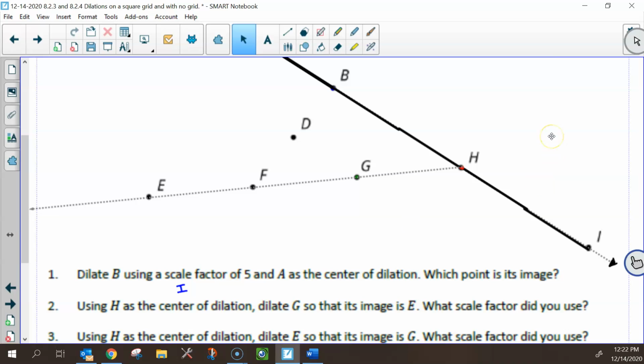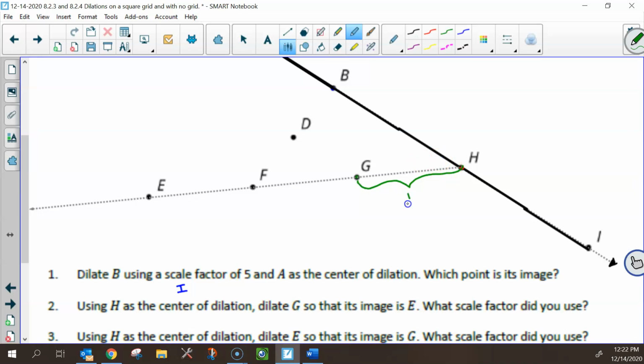And so we see that if this is G, let's just say that that is a unit of 1. I can even give it a little measurement here. And we're going all the way to E, which is all the way here. That is quite a bit further away from H than G is.